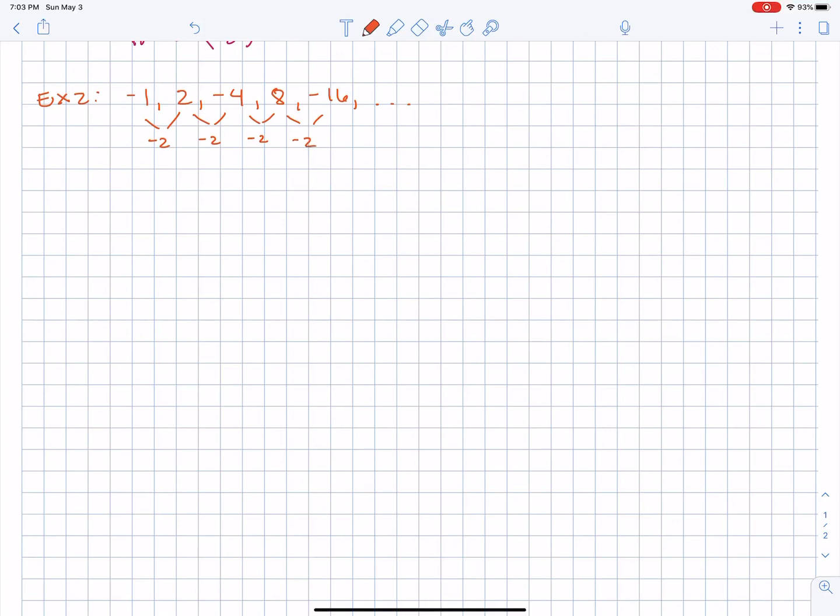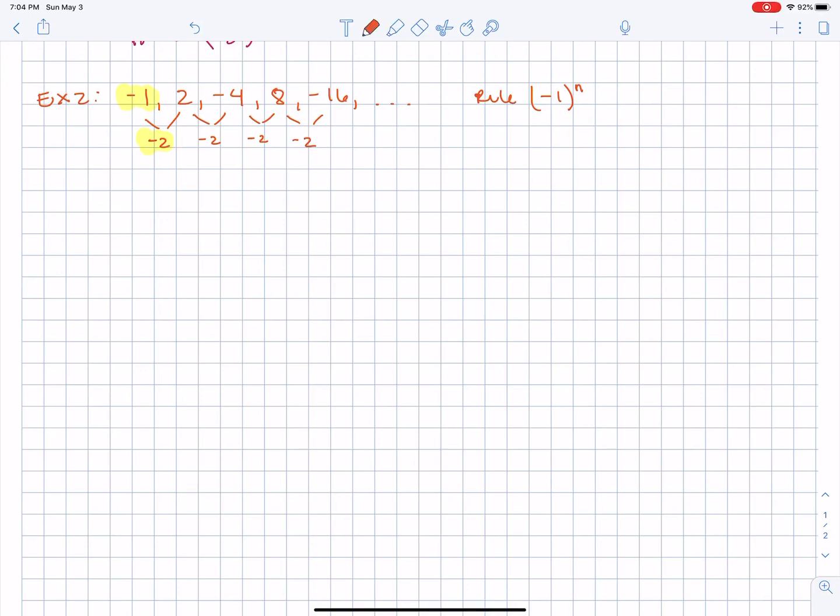If you were on Zoom last week with our class, we talked about this rule where if we had negatives and positives, we took -1 to the power of n. We're going to combine that rule with our geometric. What's cool about this is that our ratio is -2.